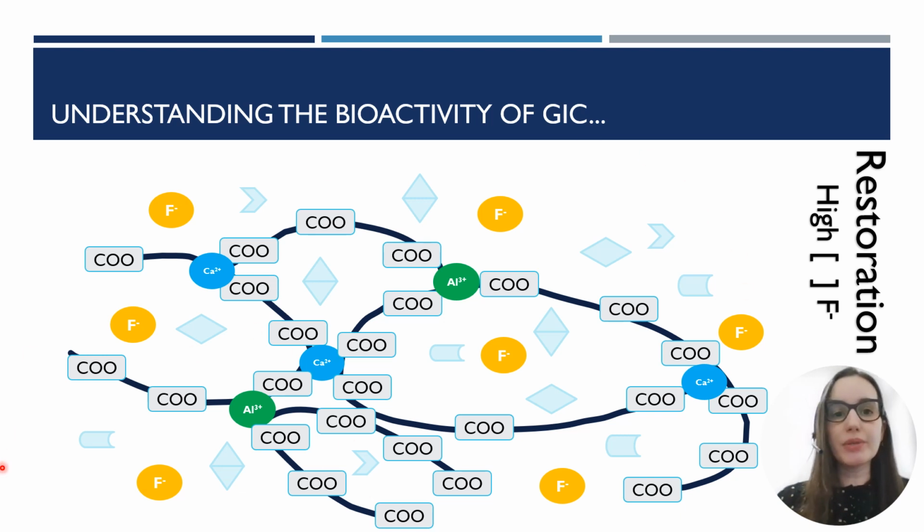Therefore, after the manipulation, the glass ionomer cement restoration has more fluoride than the oral cavity, so this ion will be released. So we can check here, fluoride free in the matrix of GIC, then it will be released to the oral cavity.